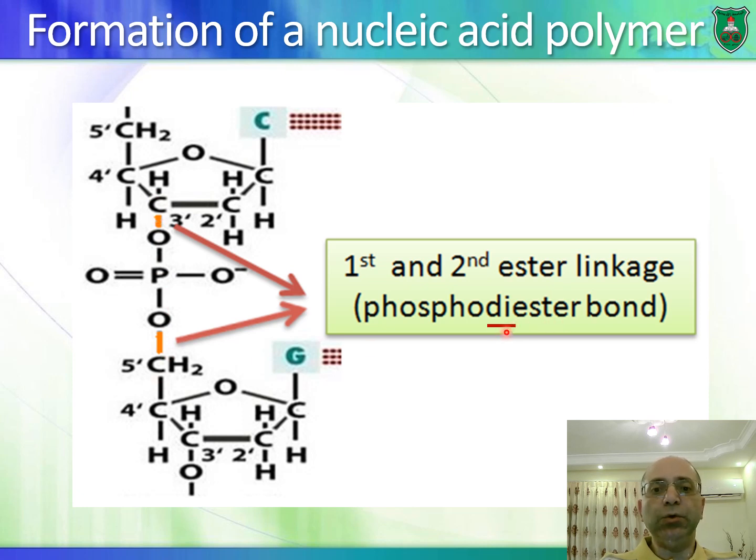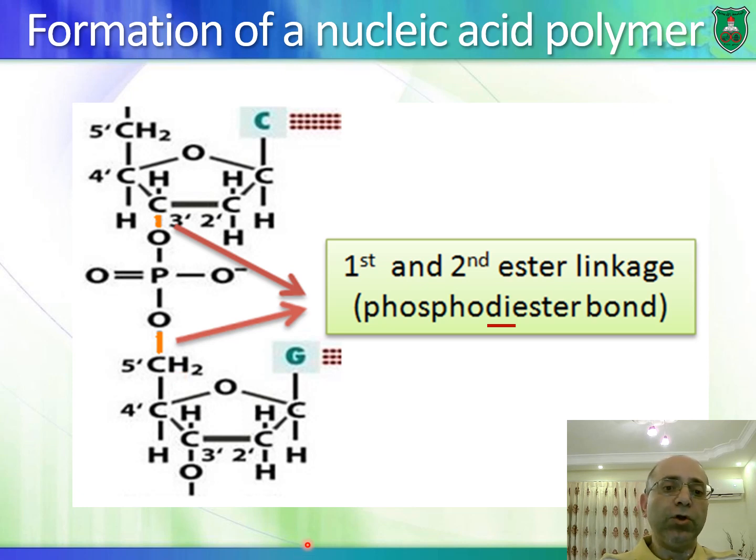Di means two, by the way, because right here you have two phosphoester groups, 1 and 2. So note that the link occurs between carbon number 3 with a phosphate that is linked to carbon number 5. So pay attention to that. We'll talk about this in a second.